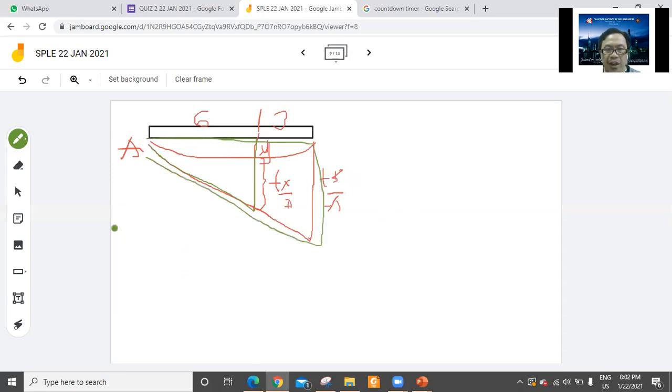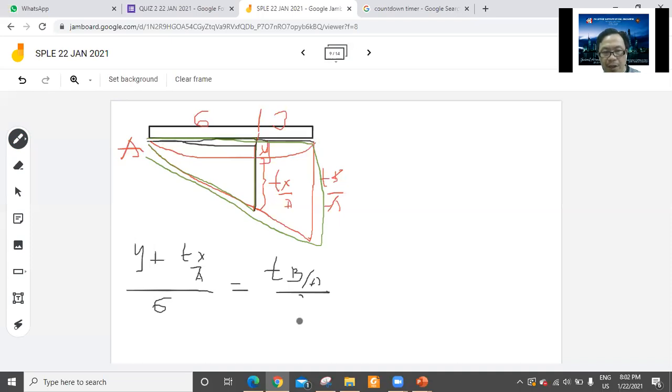Small triangle first: y plus deviation x over a, this side, and then this side, which is 6, and then deviation b over a all over the total length of 9. This cancels out: 6 divided by 3 is 2, 9 divided by 3 is 3.